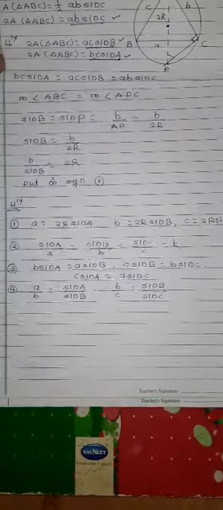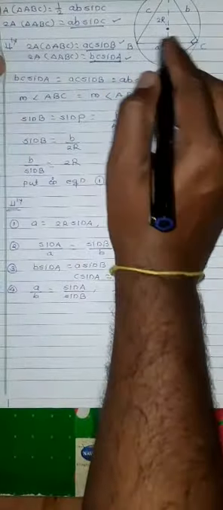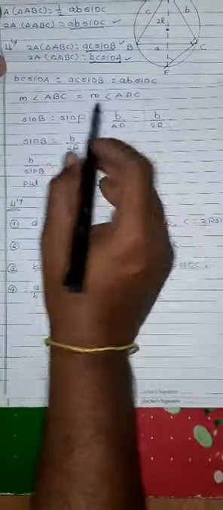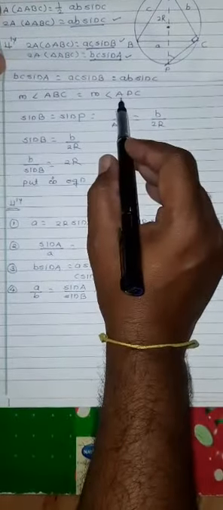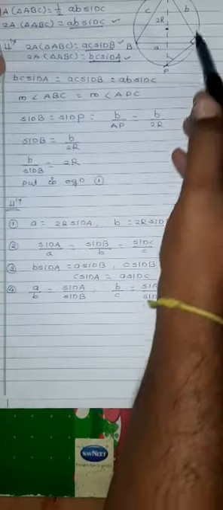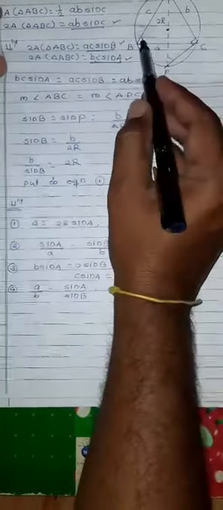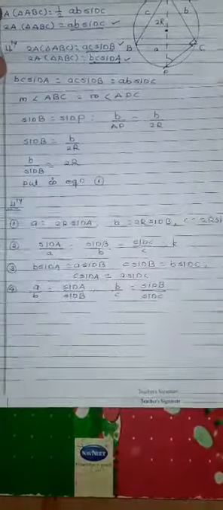Now from this diagram, the measure of angle ABC is equal to the measure of angle APC. This angle and this angle are the same.